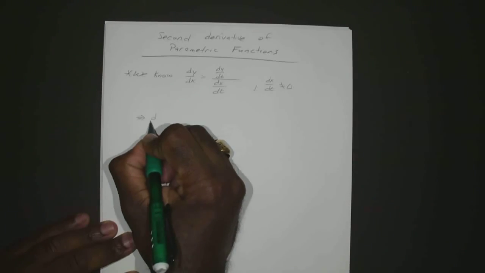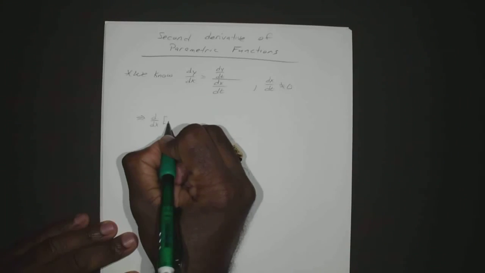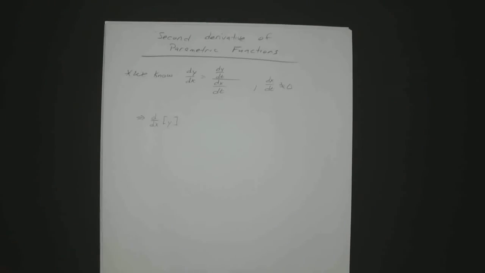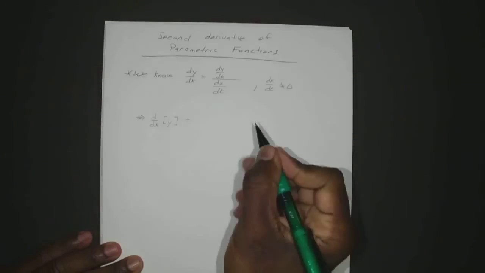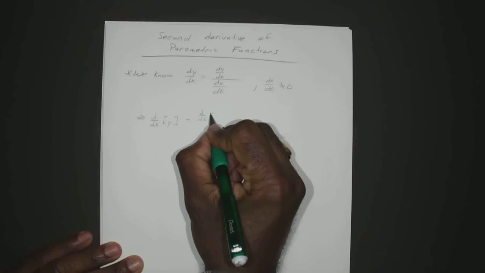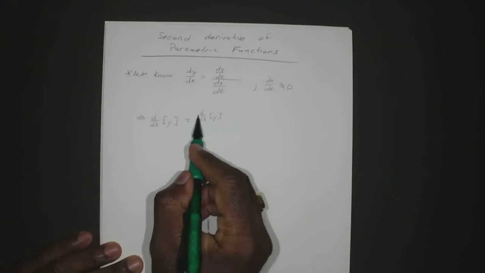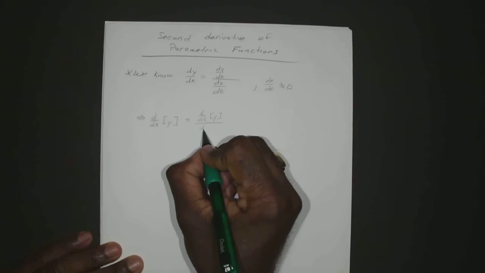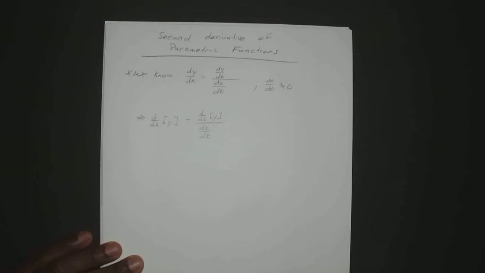Okay, so if you have the derivative with respect to x of y, then we can have the derivative with respect to t. Just bring that y out to the front. Derivative of y with respect to t over dx dt. So what we're going to do here is replace y with dy dx.